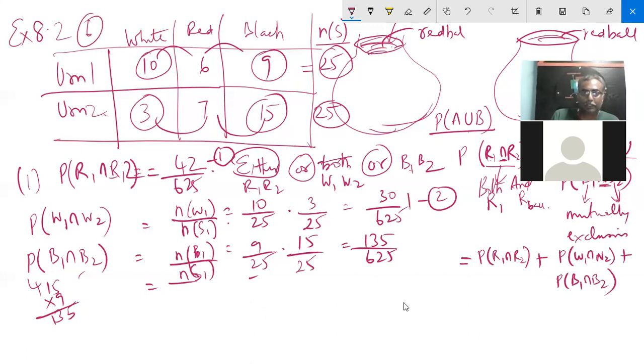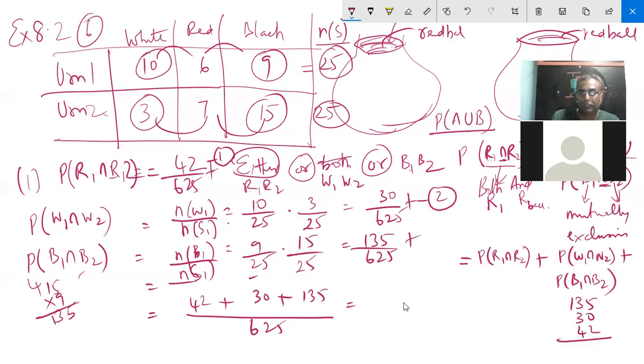So it is equal to this plus this plus this. That is equal to 42 plus 30 plus 135 divided by 625. Okay, 135 plus 30 plus 42, 207. That is equal to 207 by 625.